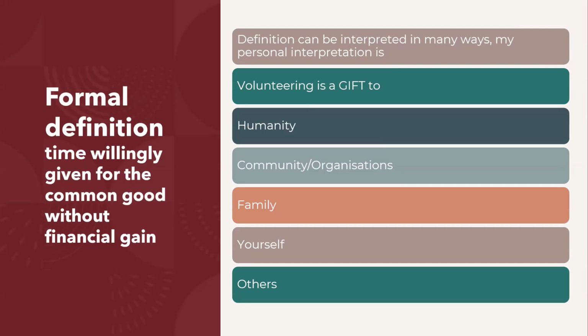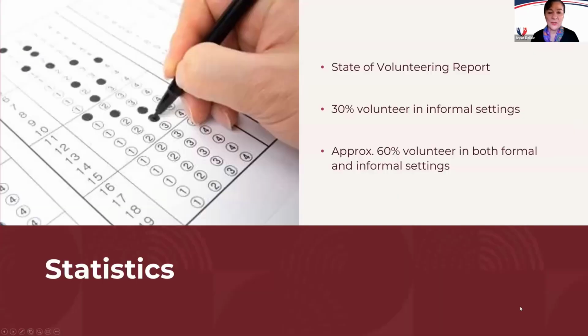So if we just look at the statistics in the next slide, we'll see that the State of Volunteering report has gathered information that there is 30% volunteering in informal settings.